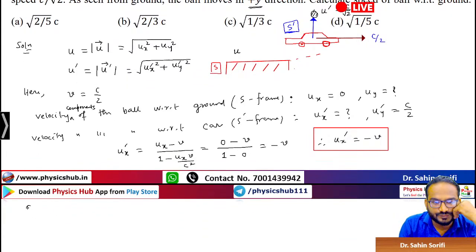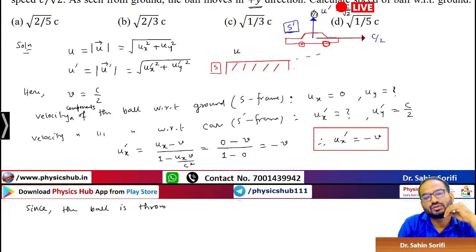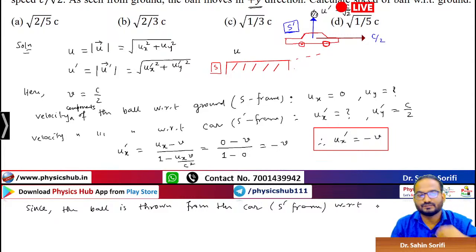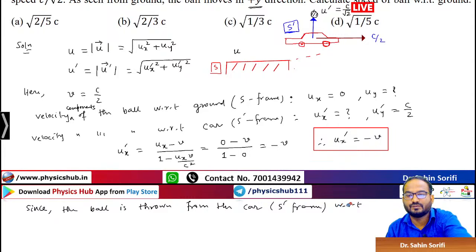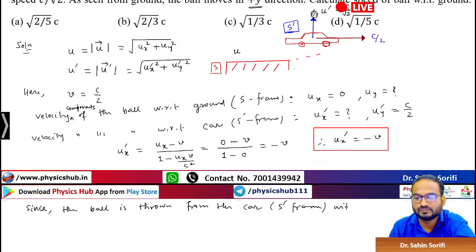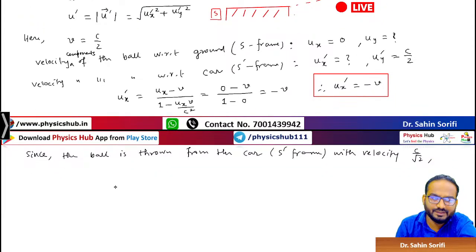It means, okay, since the ball is thrown from the car, that is S prime frame, with velocity c by root 2. What you can write?